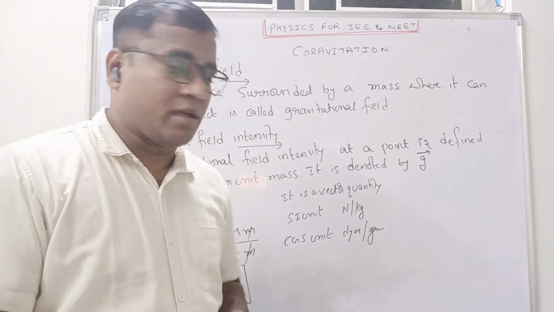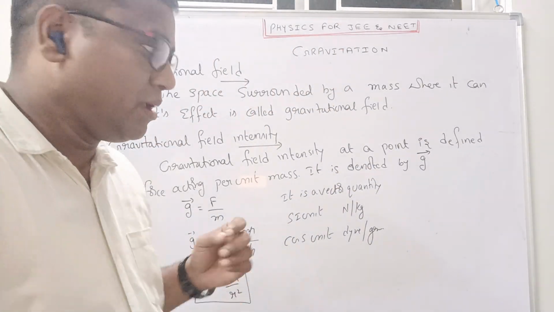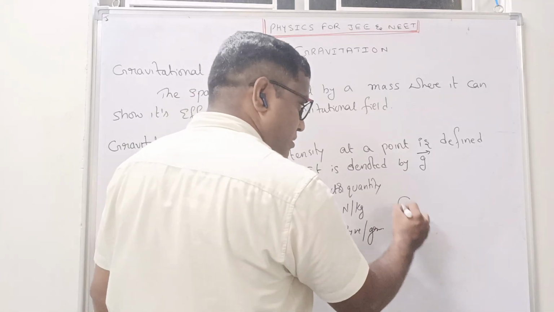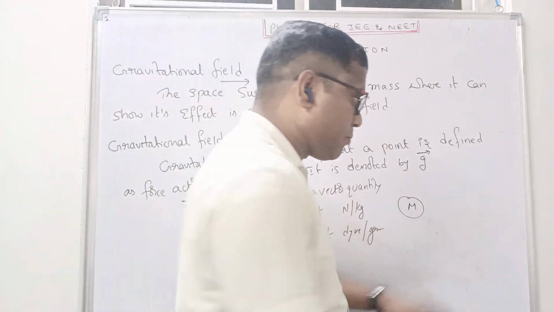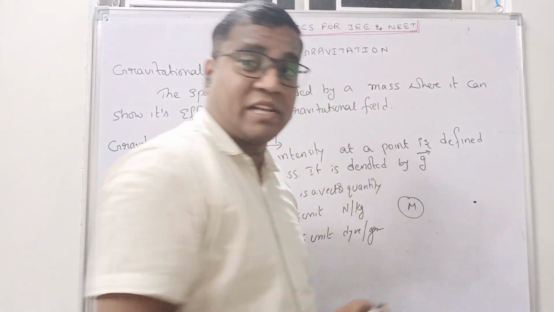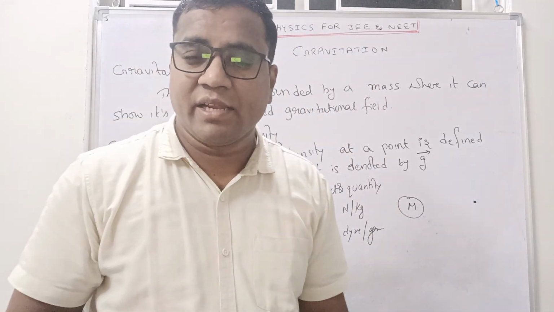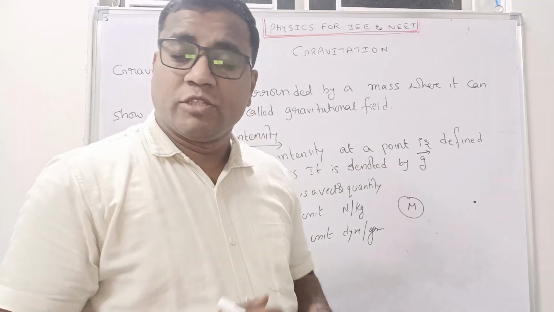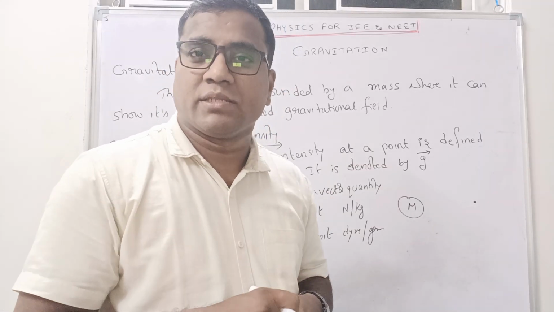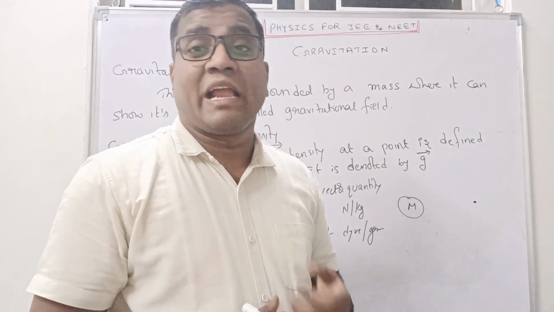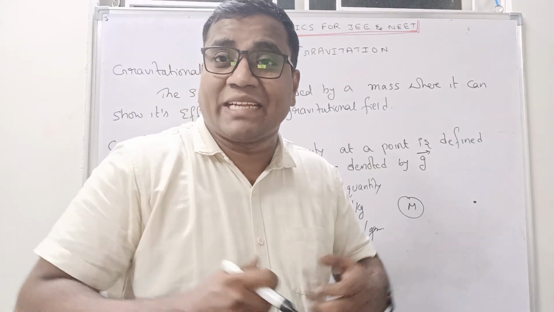So one thing we have to understand, a very important point. For example, I am considering here one mass, capital M. At that point, I want to find the gravitational field intensity. We have to understand that field intensity is nothing but force upon mass. So which force is it? Gravitational force. Gravitational force is attracting.